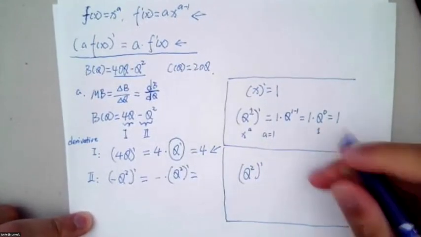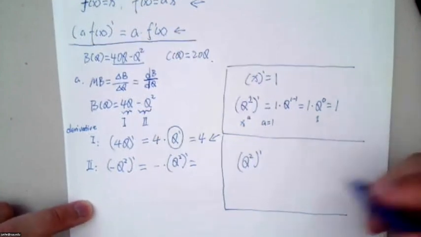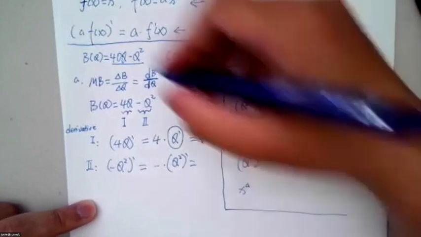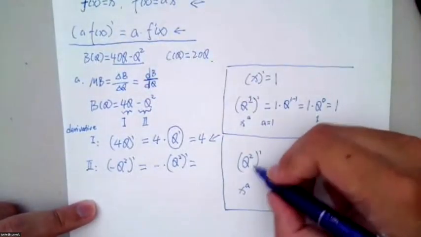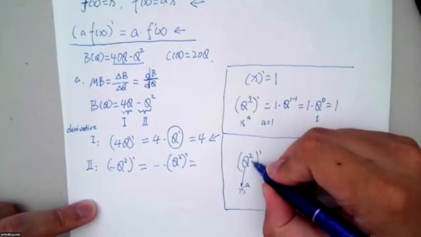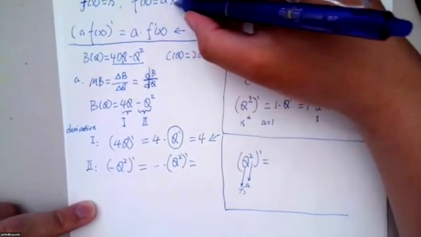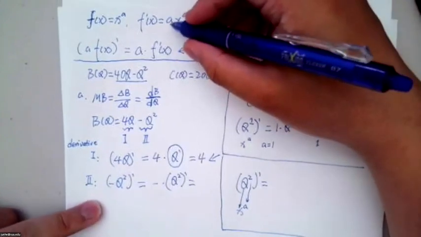I'm putting the step on the side, okay? In this case, we're applying the derivative of x to the power of a. Here q is x, and a is 2. Its derivative is a times x to the power of a minus 1.